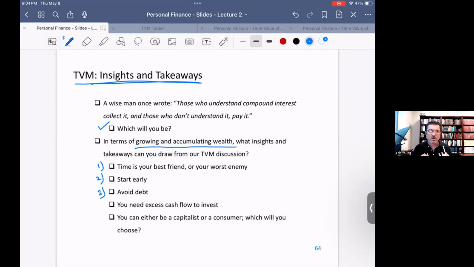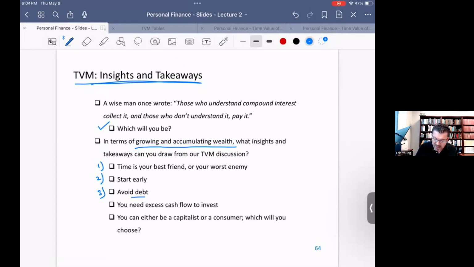Also avoid debt. Money that you own and money that you borrow, they behave the same when it comes to TVM. The numbers are the numbers and the math is the math. The numbers work in your favor if it's your money, but the very same forces that will grow money that you own will grow debt that you borrow. So time is powerful. If it works in your favor, it's great.